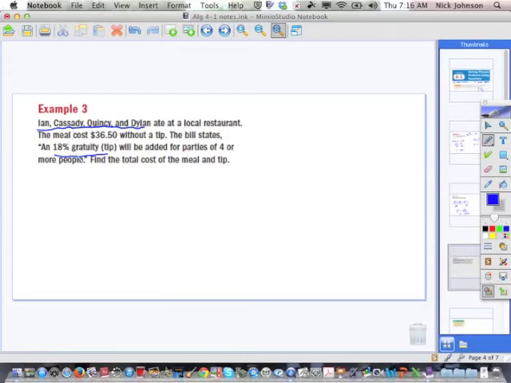So what we have to understand is that the meal plus the tip equals my total cost. The meal plus my tip has to equal the total cost. I want you to think about this in percentages. Do you have to pay the whole percentage of the meal? Can you just pay part of it, 50% of it?